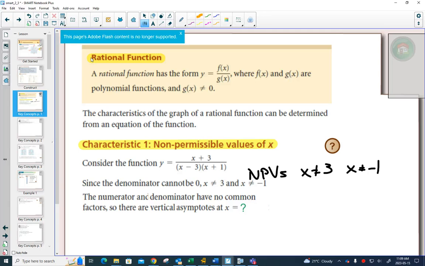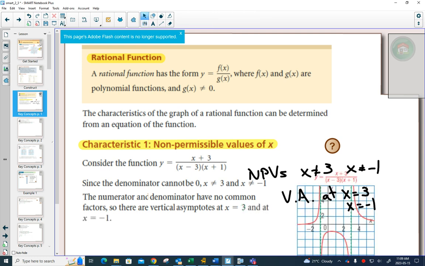Nothing would simplify here. Your non-permissible values stay. We would say that this one has vertical asymptotes at x equals 3 and x equals -1. And they've drawn the graph there and added those vertical asymptotes.